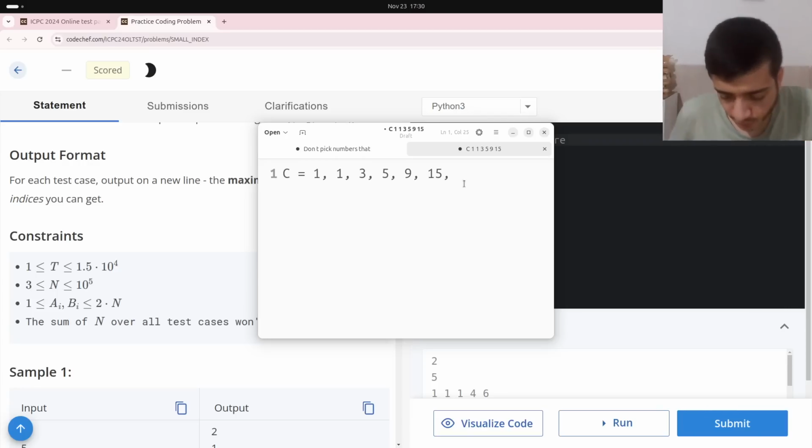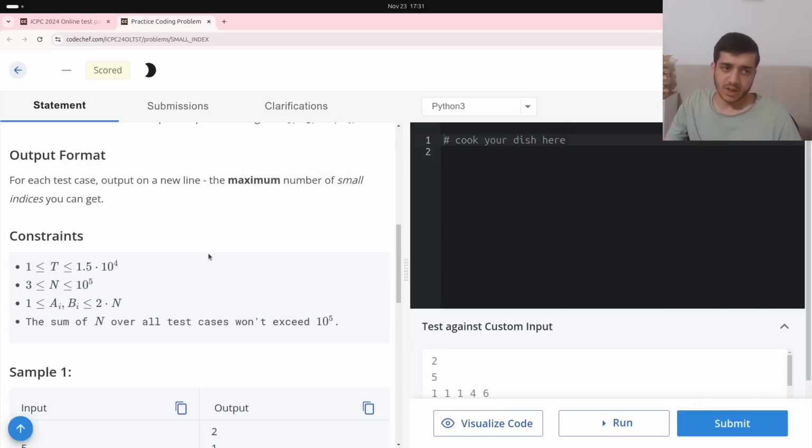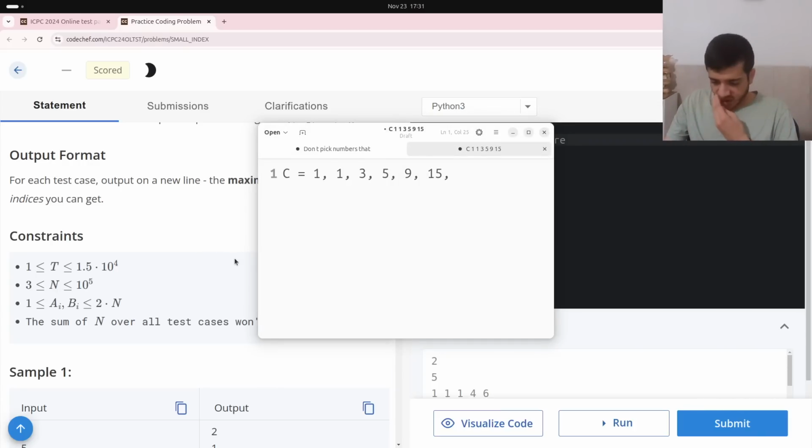We understand that there are very few numbers. In the worst case, if we fill C just at random, there are only a very small number of indices that are not a small index.